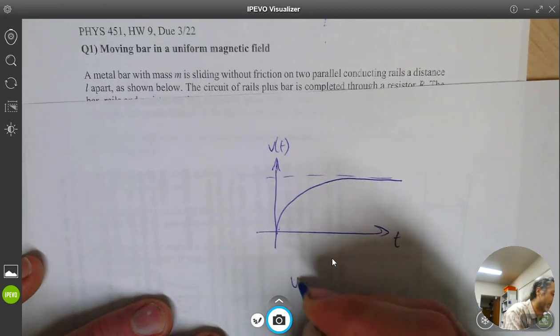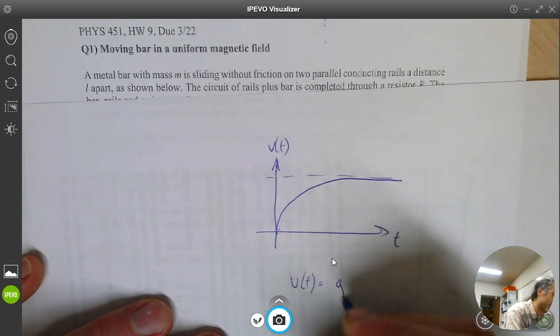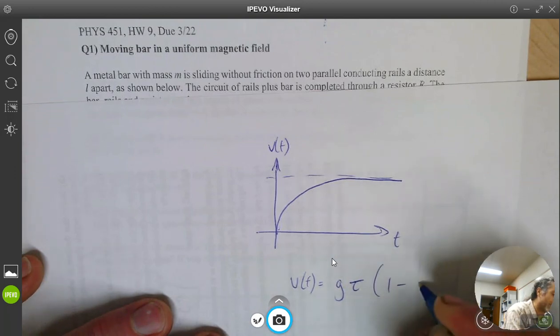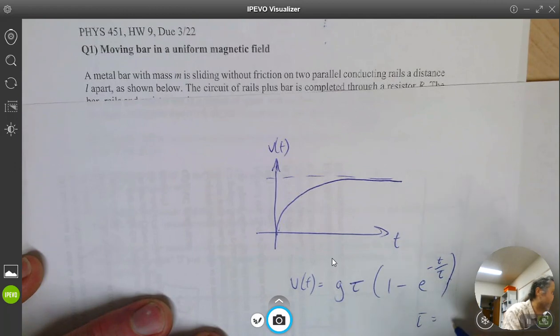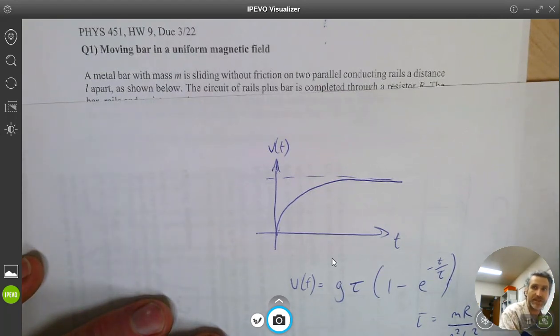You end up getting v of t is equal to g times tau, 1 minus e to the minus t over tau, and that tau is equal to mR over B squared L squared. If you fill in for the mass density and also the resistivity, they both kind of sound similar, you'll end up with 16 rho_m rho_R over B squared.